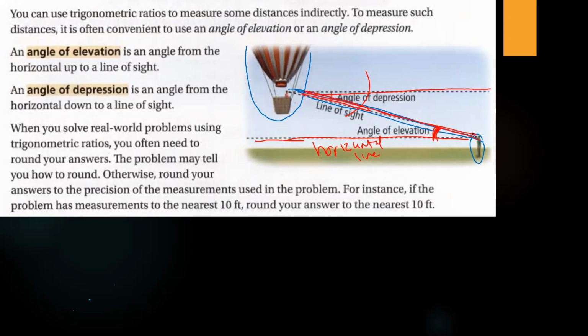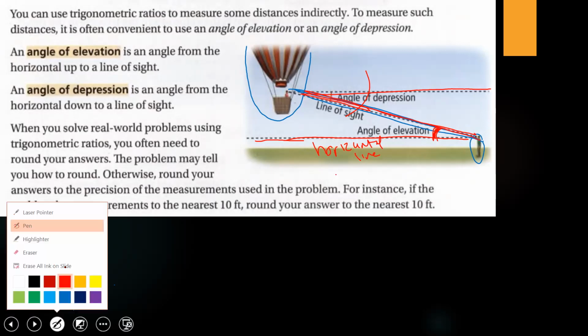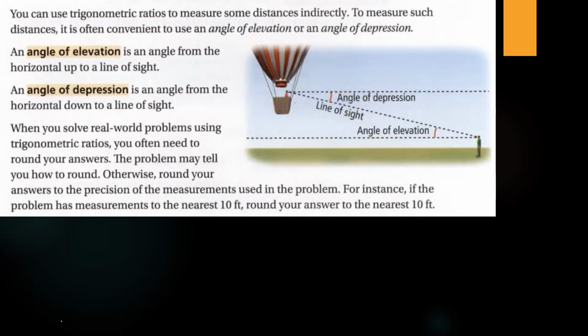Let's draw it now like this. This is the Kingdom Tower, and I'm here. Since it is very high, this is my line of sight, I will look at it like this.